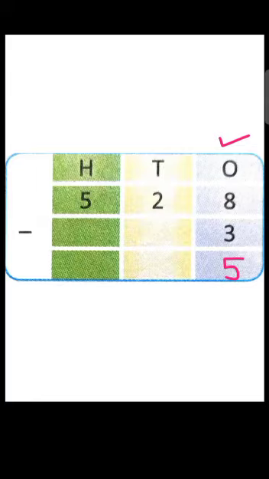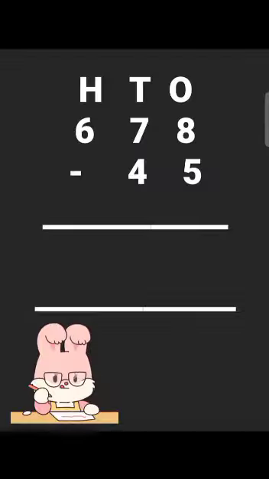No number is written below 2, so we will copy 2 as it is, and same here, no number is written below 5, so we will write it as it is. So our answer, our difference is 525.